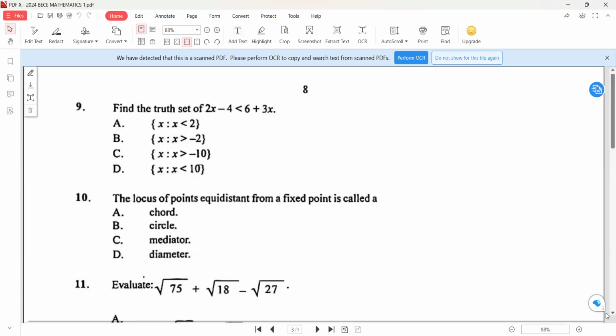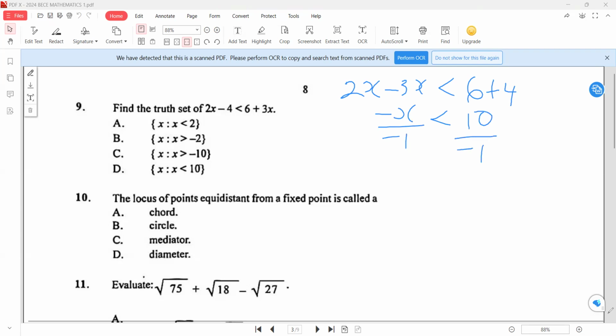Question number 9. Find the truth set of 2x minus 4 less than 6 plus 3x. So we group them. 2x minus 3x, 6 plus 4. Negative x is less than 10. Divide through by negative 1.